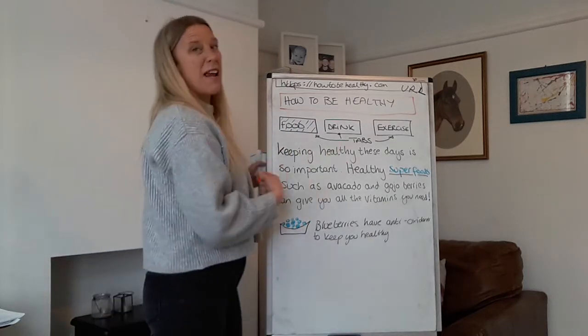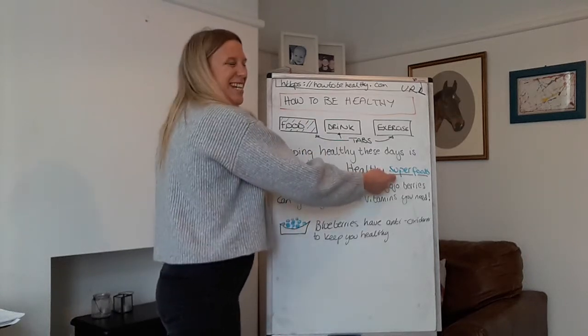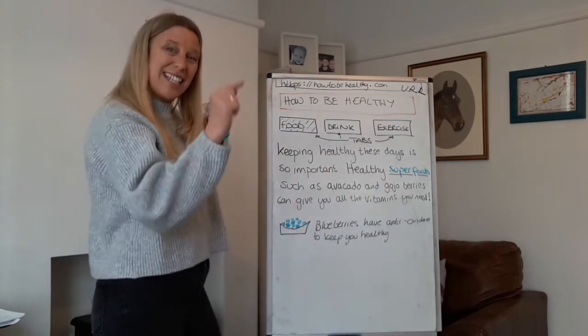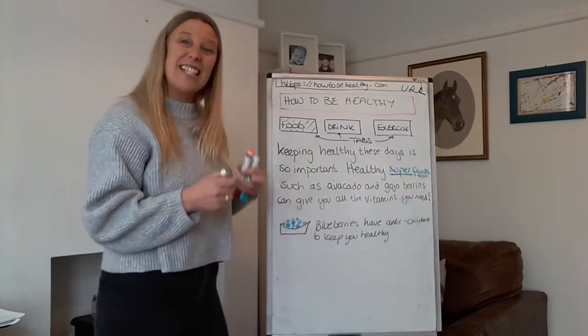And then you can see it's got some information about healthy foods. Under here there's a word that's in a different colour and it's underlined. This is called a link.